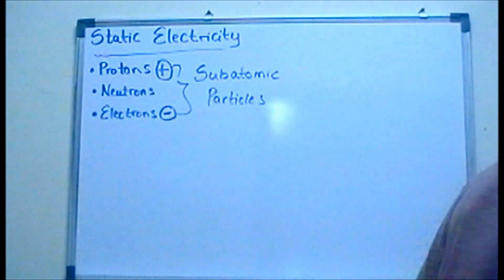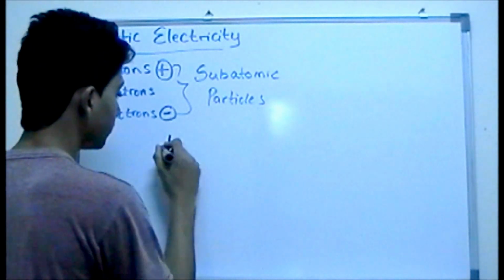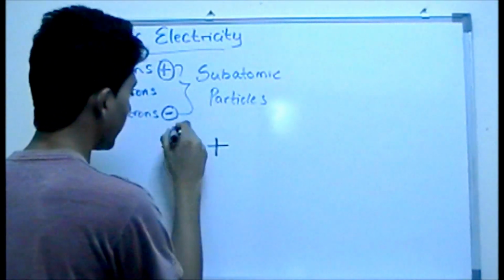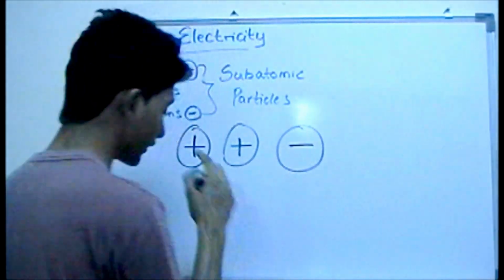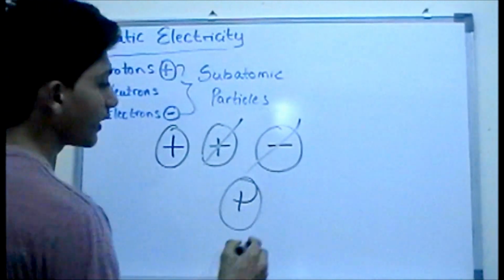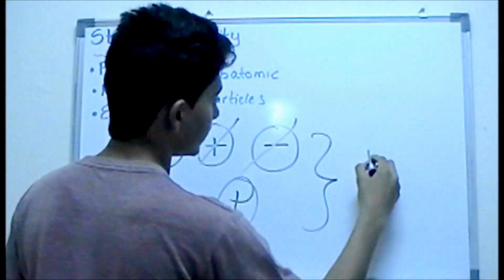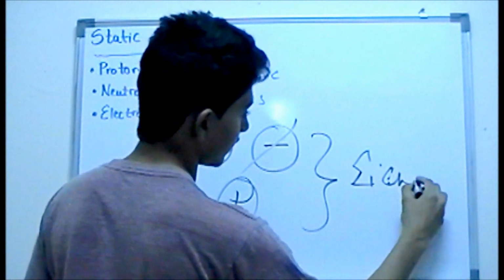So if you have two positive charges and just one electron, this cancels out with one of them, and what you're left with is this. This is the net charge, so you can check.